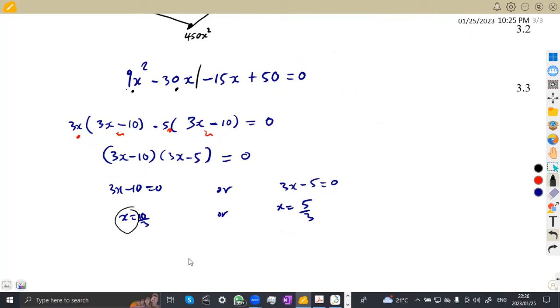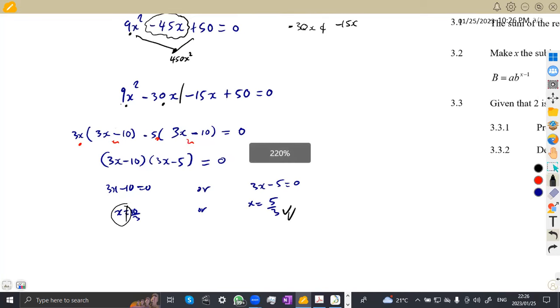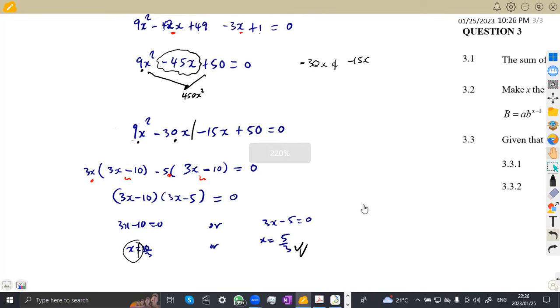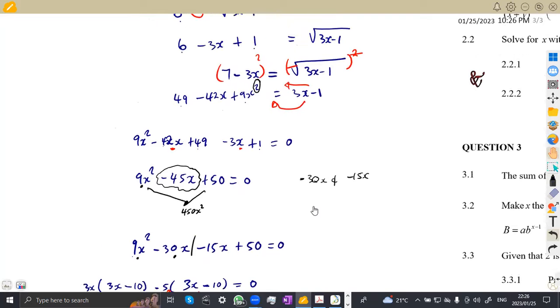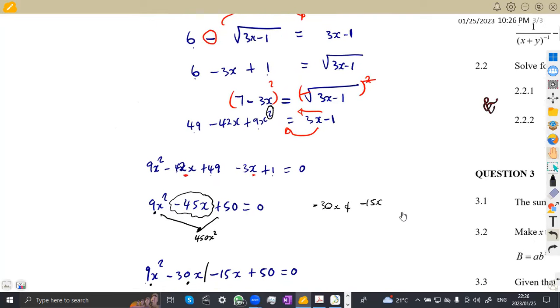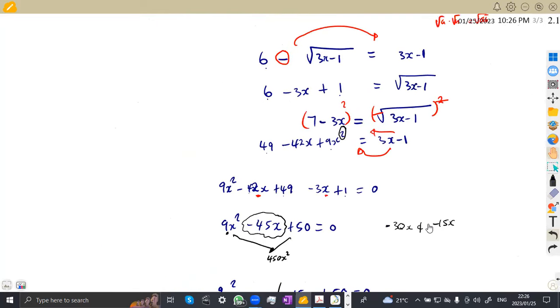When x is 10 over 3, it's not giving us the exact value as on the other side of the equation. But when x is equal to 5 over 3, that's when you're obtaining the value. So x cannot be equal to 10 over 3. Like I said, guys, please test your answers so that you can confirm with me if they are giving us the same answer on both sides. Then it's fine.